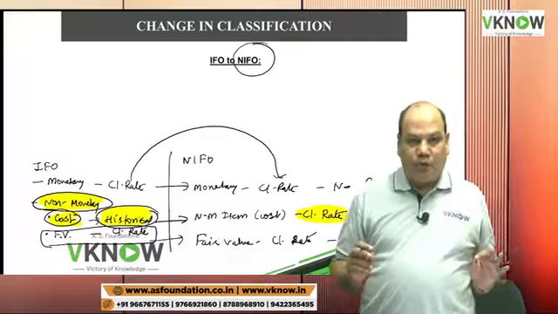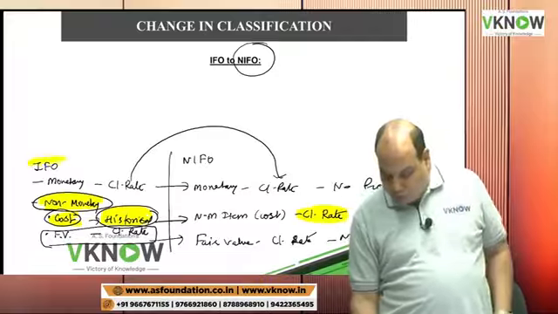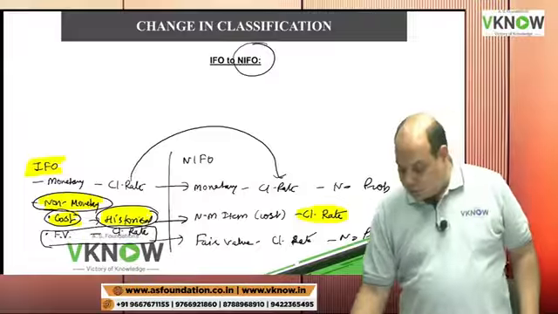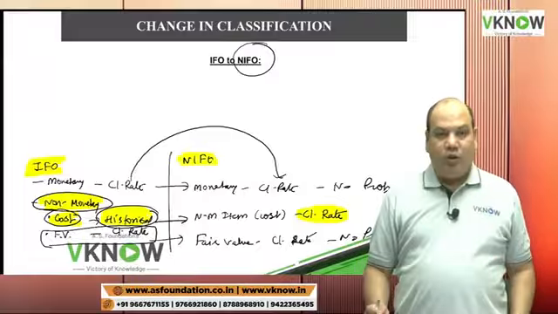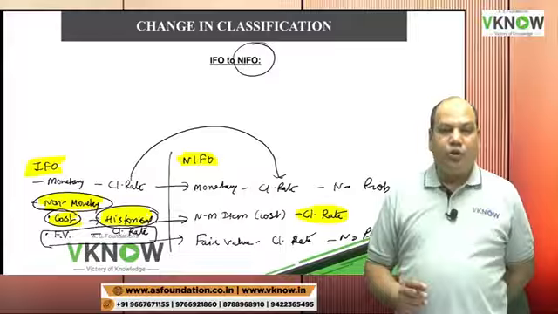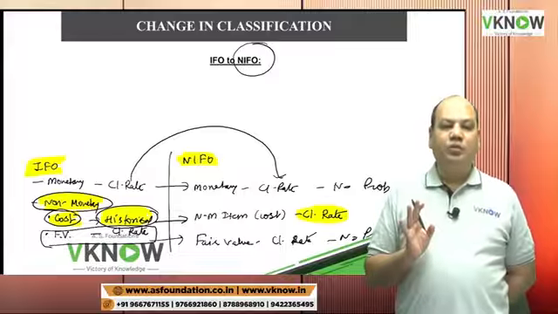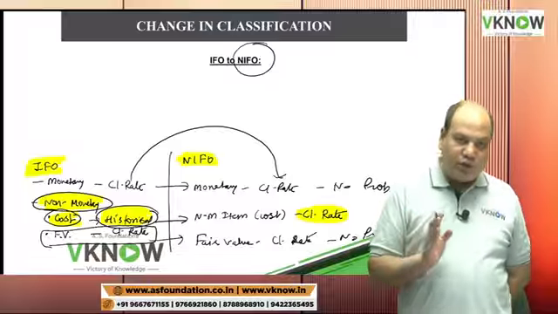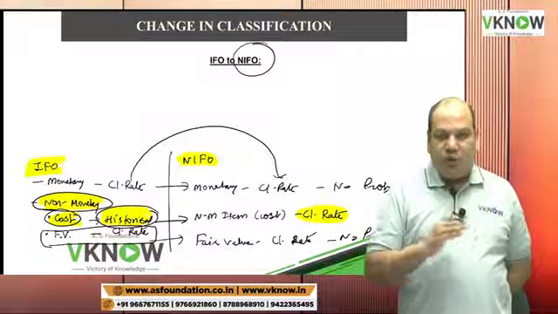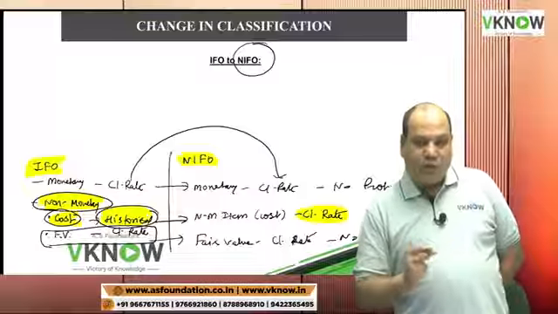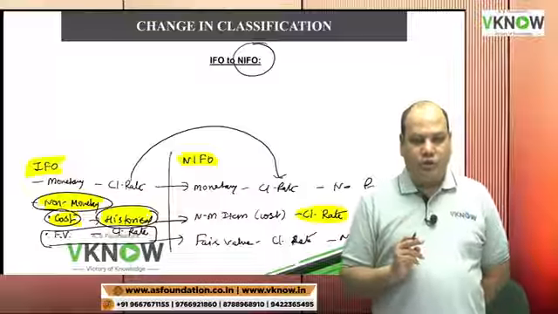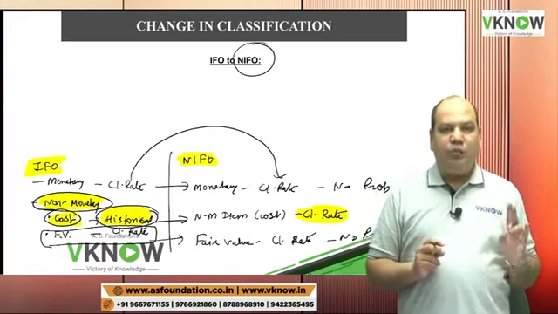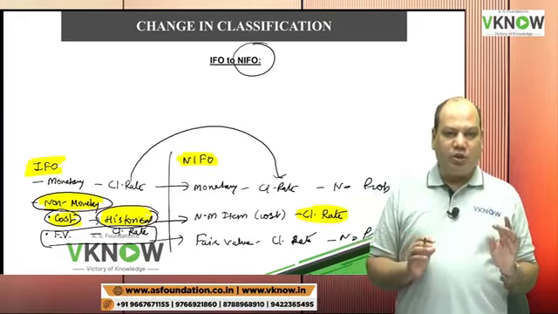And second point, earlier when it was an integral operation, the difference was transferred to the P&L account. Now it has become non-integral, so the difference will be transferred to FCTR. If the student can understand what was done earlier and what has to be done now, then he will understand the accounting treatment also. So there are two important differences between integral and non-integral operation accounting.